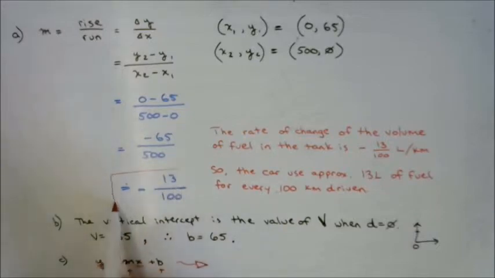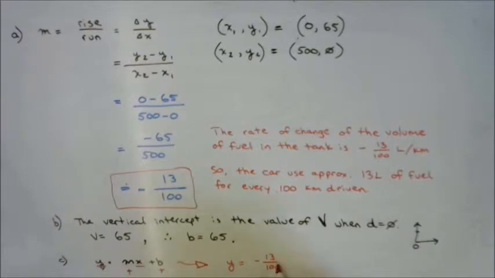No, m is negative 13 over 100. Okay, so we've got y equals negative 13 over 100 times x plus 65.